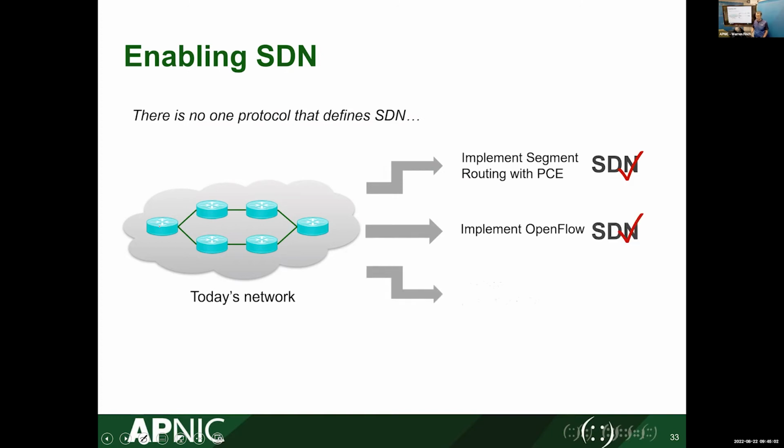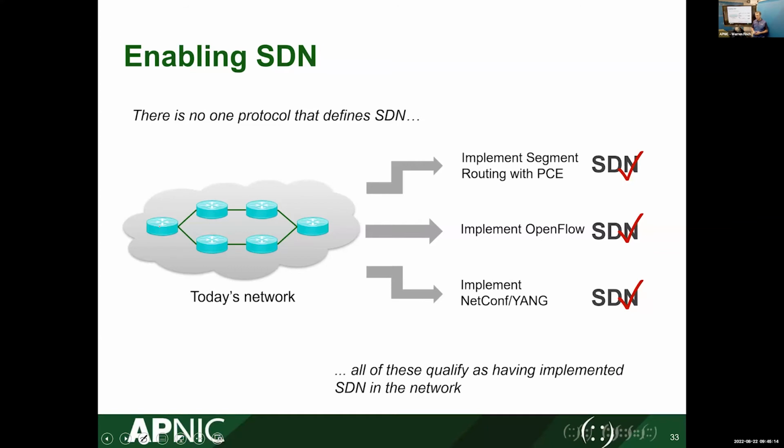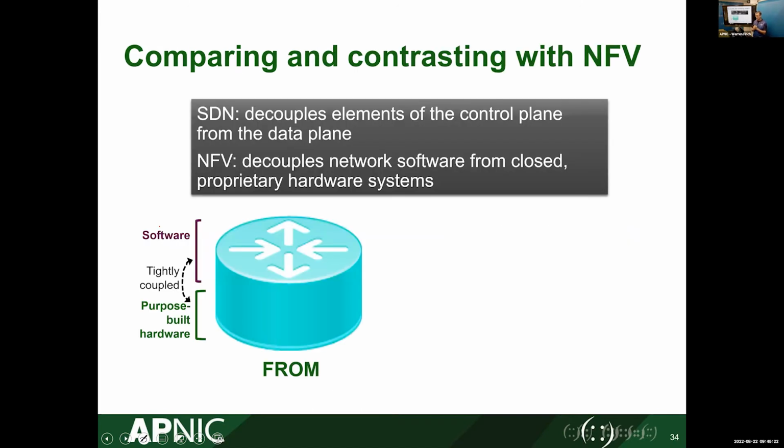If you've implemented some sort of API programmable networking using NETCONF or YANG, you've got SDN. It's basically a combination of all of these different services that allow you to build up an SDN network.